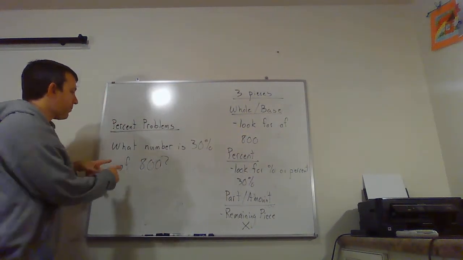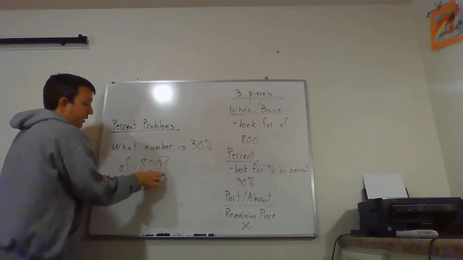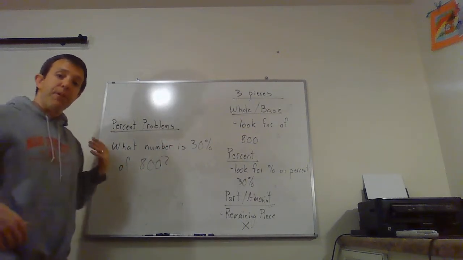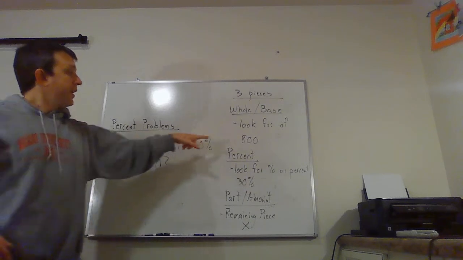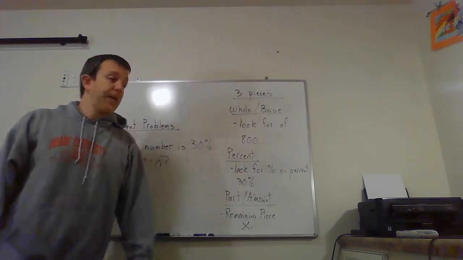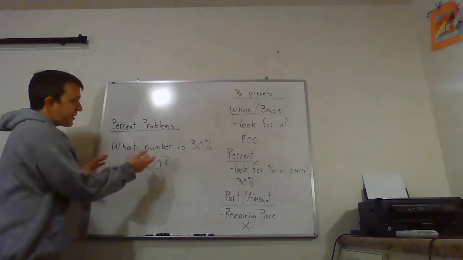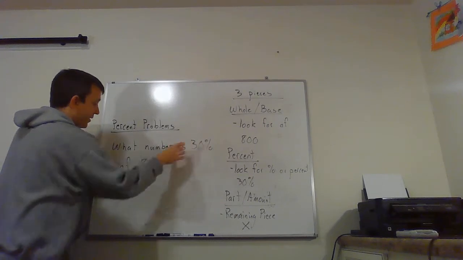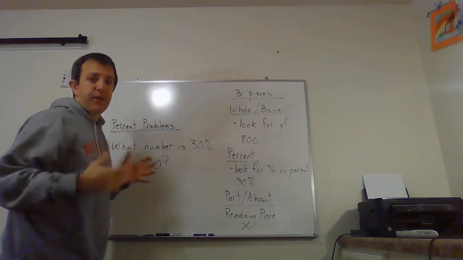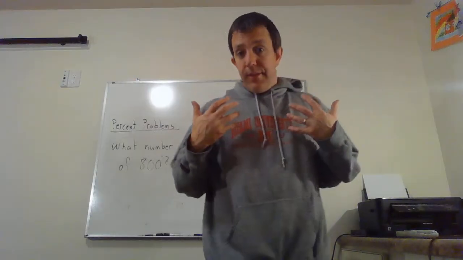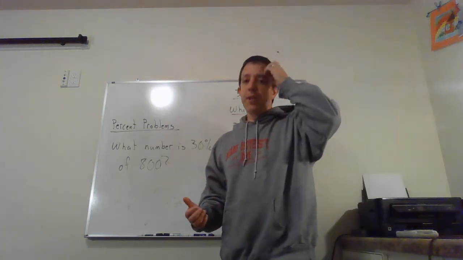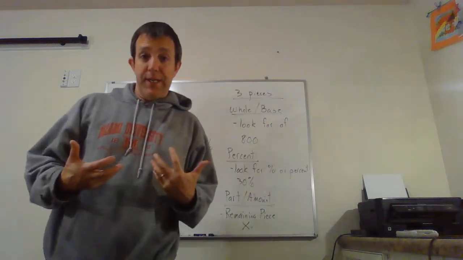In this particular problem, what number is 30% of 800? The number that follows the of, 800, is going to be our whole or our base, because it's basically what number is 30, which is 30 out of 100, for 800.